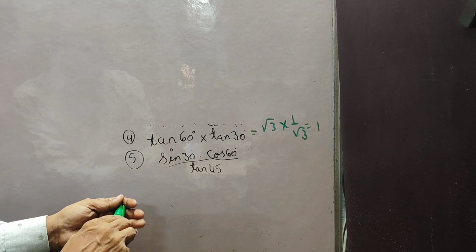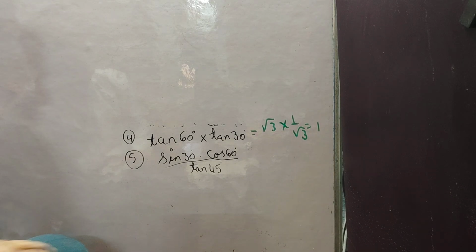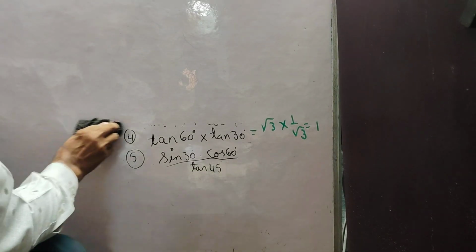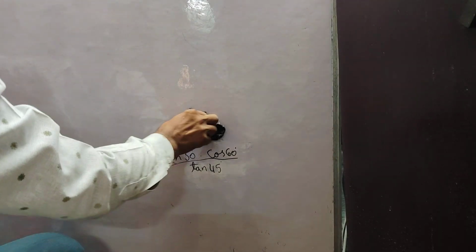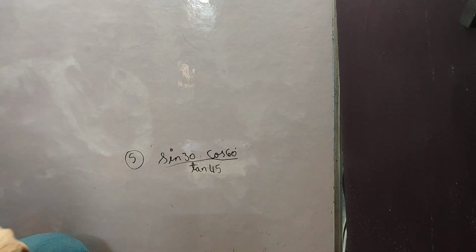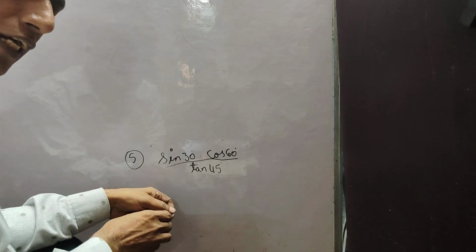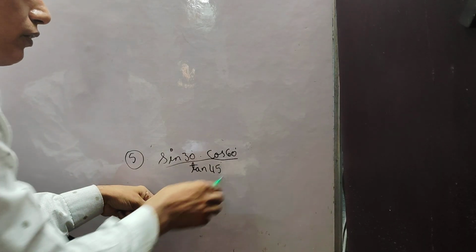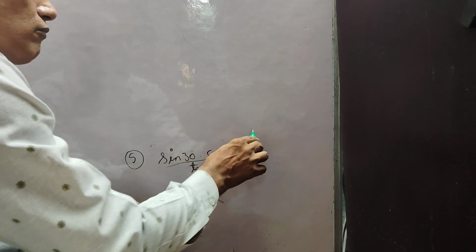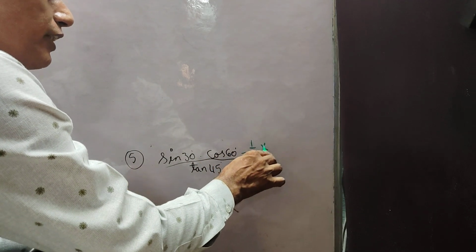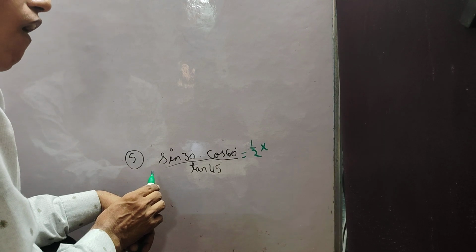And last, fifth part. Sin 30 into cos 60 upon tan 45. What is sin 30? Half. What is cos 60? Half.